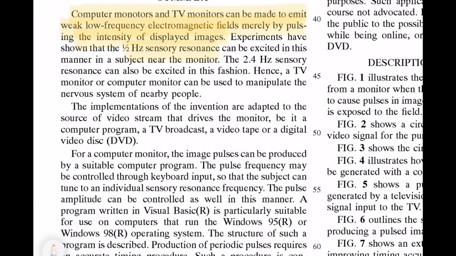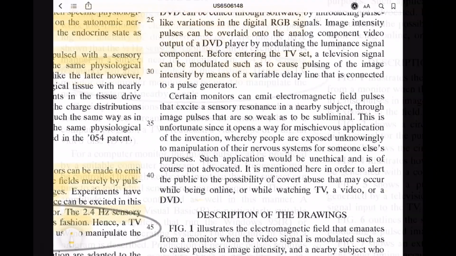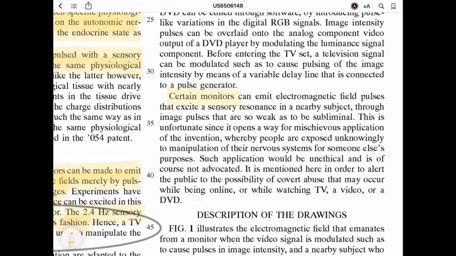Hence, a TV monitor or computer monitor can be used to manipulate the nervous system of nearby people. And I know it's really technical, but I want to hone in on this point here where it says that the 2.4 hertz sensory resonance can also be excited in this fashion. We're talking half hertz. We're talking very low electromagnetic fields.